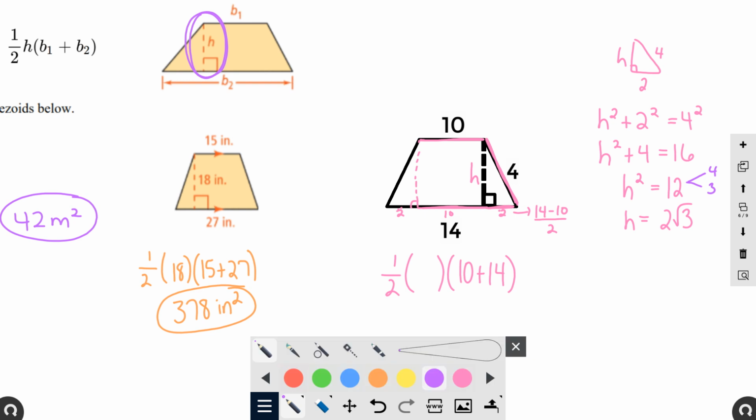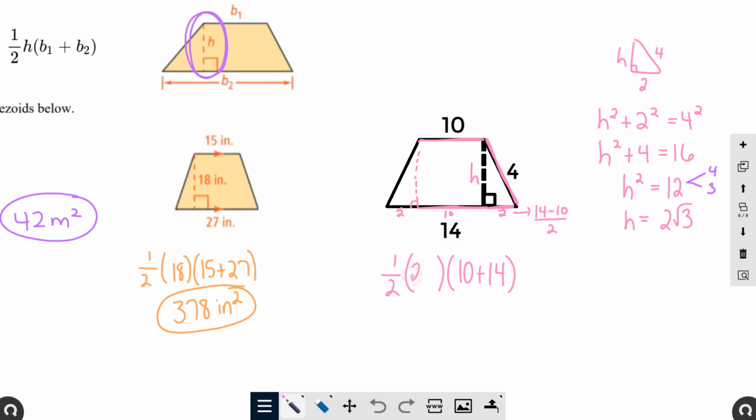So inside my area formula, I'm going to put 2 square root 3. Now let's figure out how to make this an exact number, and then we'll also figure out how to round it using our calculator. So first, multiply or add what's in our parentheses. 10 and 14 make 24. And then if you were to multiply these two numbers together, you're going to multiply the outside numbers together and the numbers inside the root together.